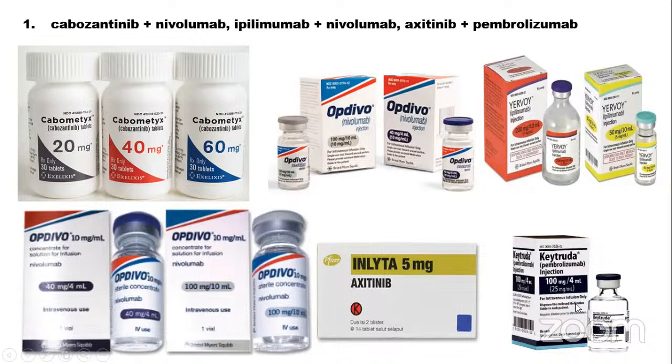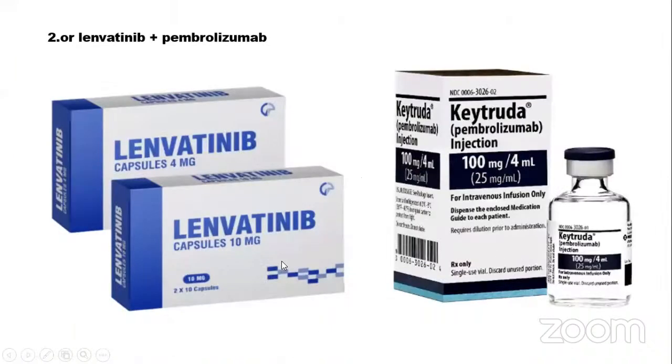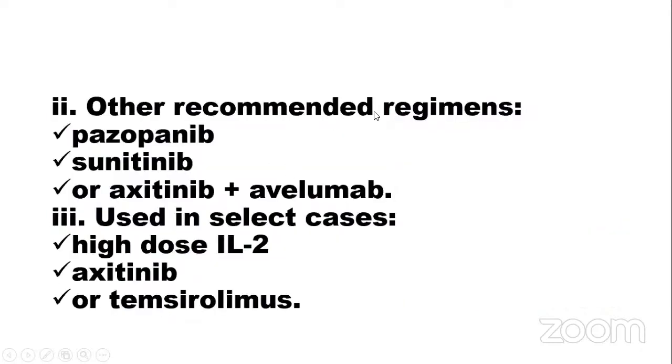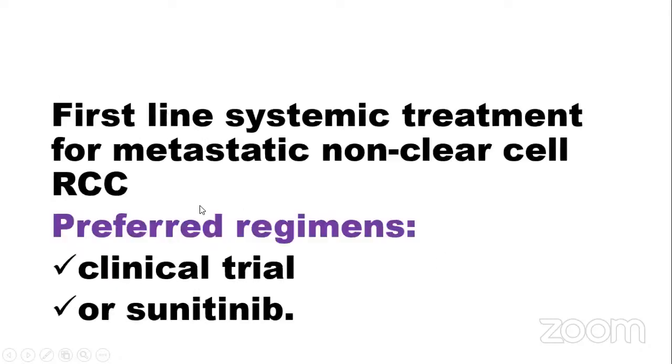Also, axitinib and pembrolizumab is considered a combination. Lenvatinib and pembrolizumab is considered another combination. Other recommended regimens: pazopanib and sunitinib, or axitinib plus avelumab. Used in selected cases, high dose interleukin or axitinib or temsirolimus.